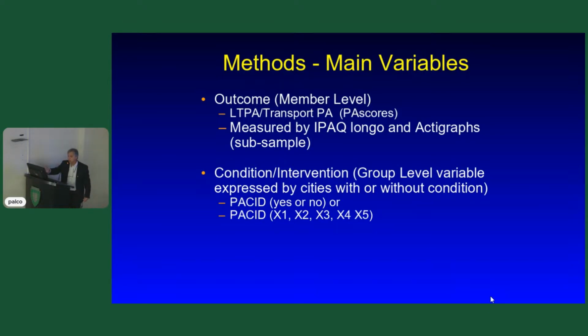Conditional intervention, as you know, is PACID yes or no, or PACID at different stages. X1, X2 just indicate a classification, a typology of implementation. X1 is like, I only got the money for the program. X5 means I got the money, I modified, engineered a physical place where people can congregate and do those activities, in the open.